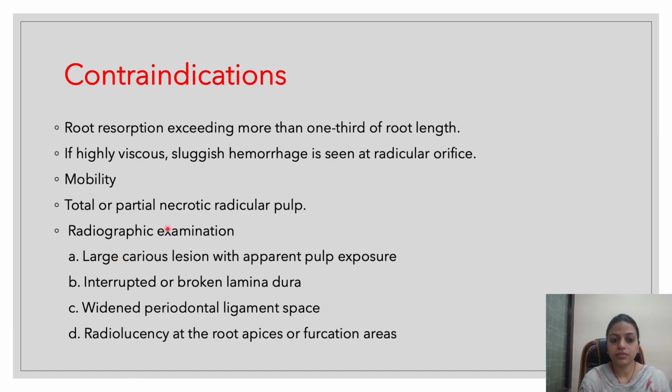On radiographic examination, if any of these findings are present, like a large carious lesion with apparent pulp exposure, an interrupted or broken lamina dura, a widened periodontal ligament space, or radiolucency at the root apices or in the furcation area, all these are contraindications. In such situations, pulpotomy is not indicated.